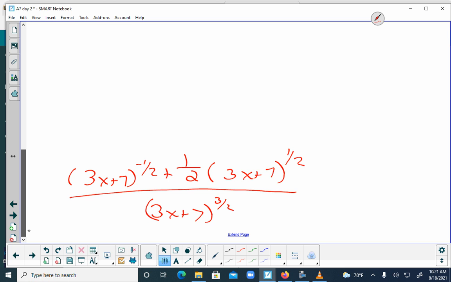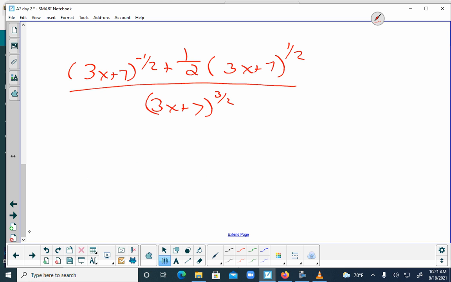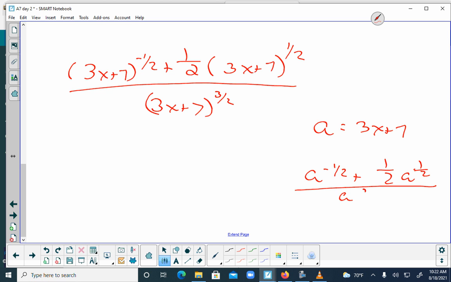But let's suppose, I'm going to show chunking. Let's suppose I chunk this, and by chunking that means I'm going to say A is equal to 3x plus 7. So if I had A to the negative 1/2 power plus 1/2 times A to the 1/2 power all over A to the 3/2 power, a lot of powers.